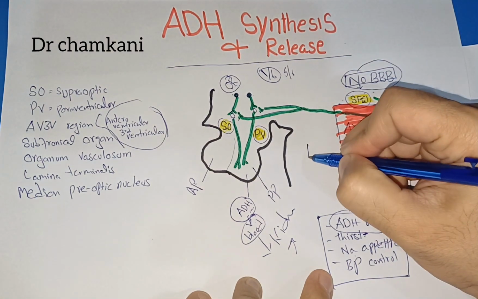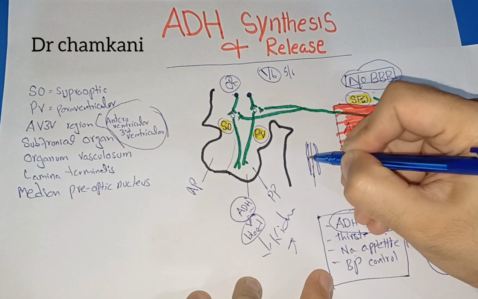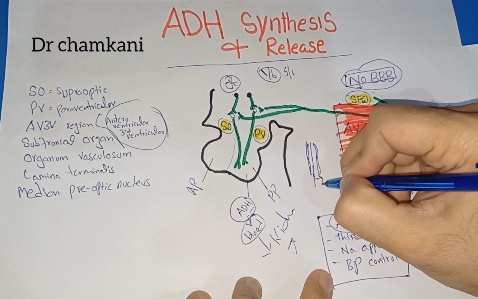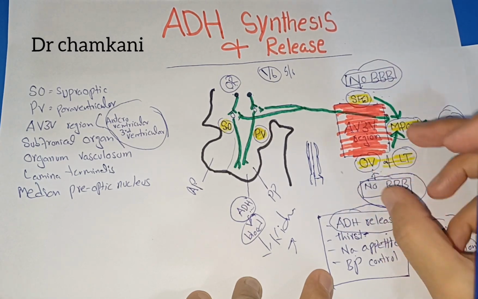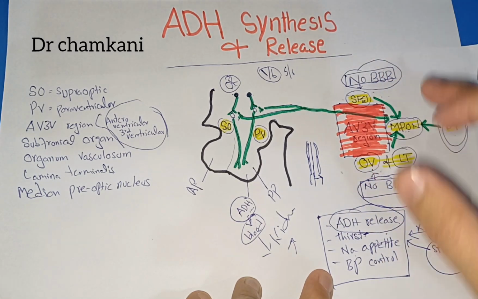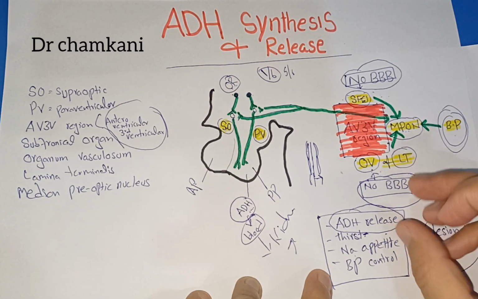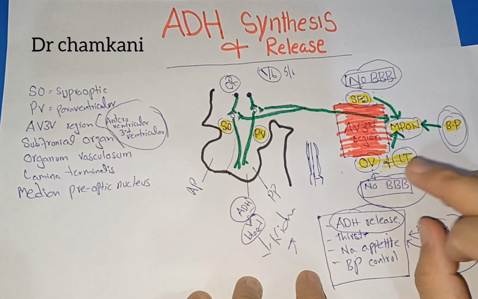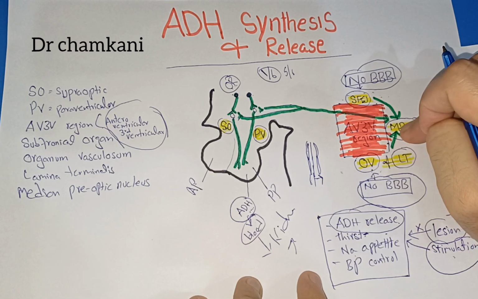Normally, when there is a blood-brain barrier, suppose for example this is a blood vessel and this is the blood-brain barrier, the chemical changes cannot directly come into contact with the brain area because of the blood-brain barrier. But in these areas, the blood-brain barrier is interrupted, which leads to easy communication of changes in the osmolarity, or easy communication of the chemical changes with the organum vasculosum, subfornical area, and ultimately the median preoptic nuclei.